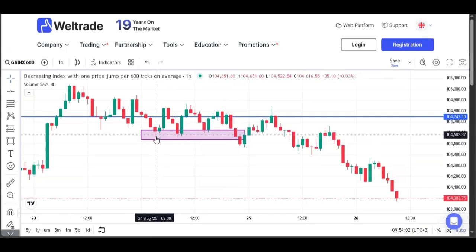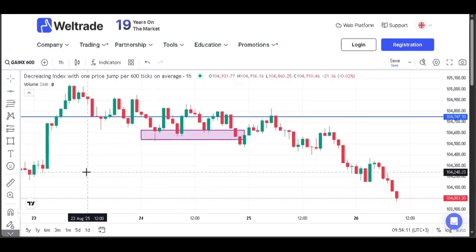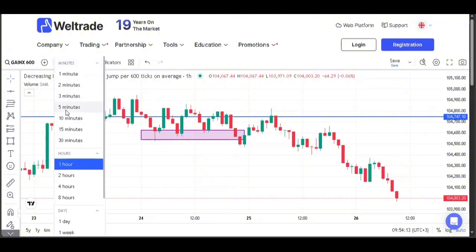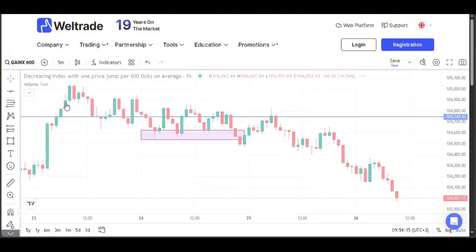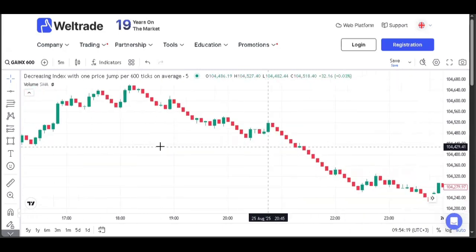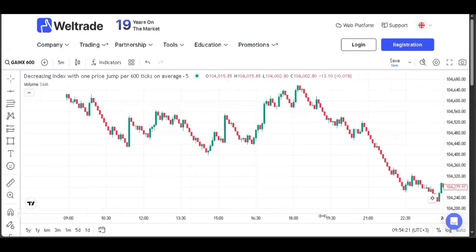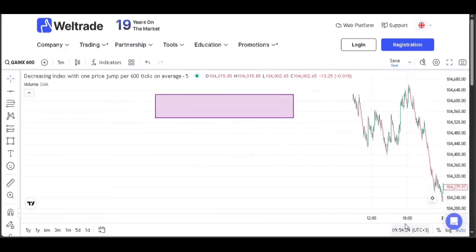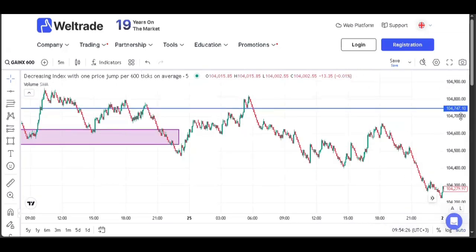But here it wasn't a confirmed buy, but you can also enter it using a smaller time frame, because if you go on a smaller time frame, you can see a flag. Let's see. Right, so this is our smaller time frame, and as you can see, the market was moving like this.